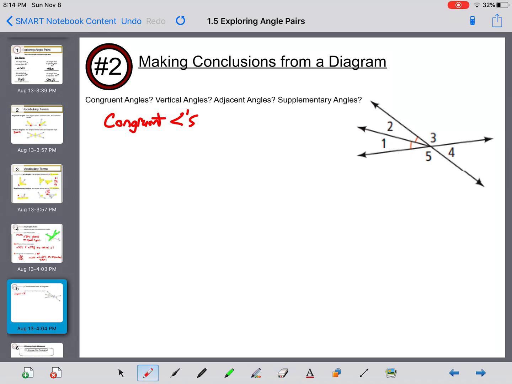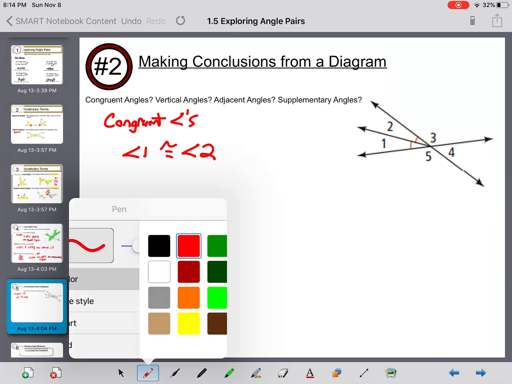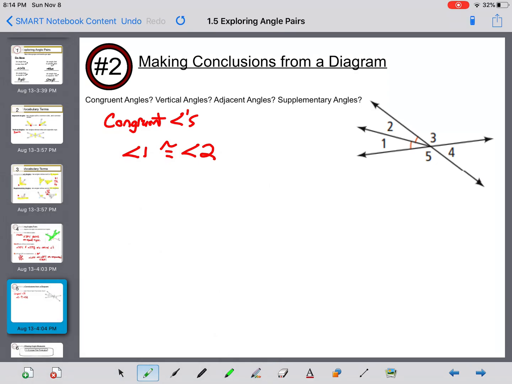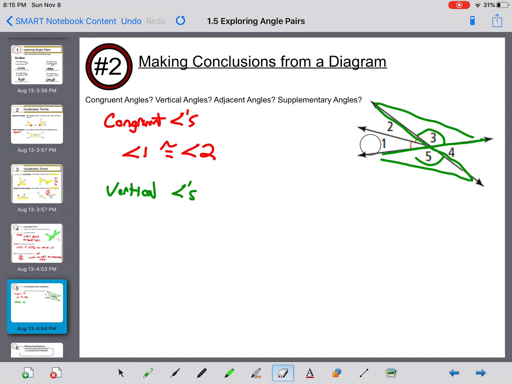Okay, so angle 1 is congruent to angle 2. Okay, what's next? Vertical angles. Remember we're looking for that bow tie-like shape, right? So I see angle 3 and angle 5 are vertical angles.